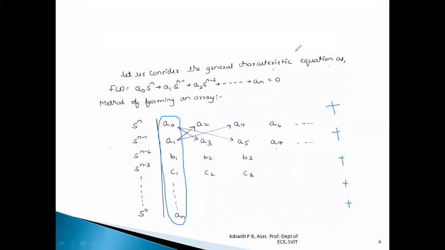For example, if one value has a positive sign and another value has a negative sign, then there is a sign change, and that system is said to be unstable.